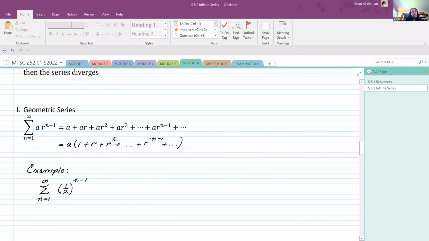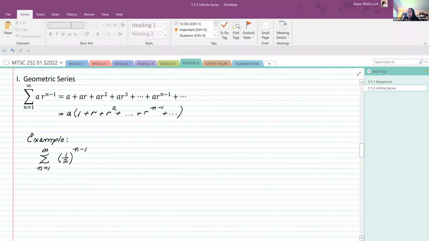Now we already did this one using the nth partial sum. We already showed that this one for sure equals 2. So this is 1 plus 1/2 plus 1/4 plus dot dot dot plus 1/2 to the n minus 1 plus dot dot dot. We already showed that if you sum that infinitely, you will get 2.